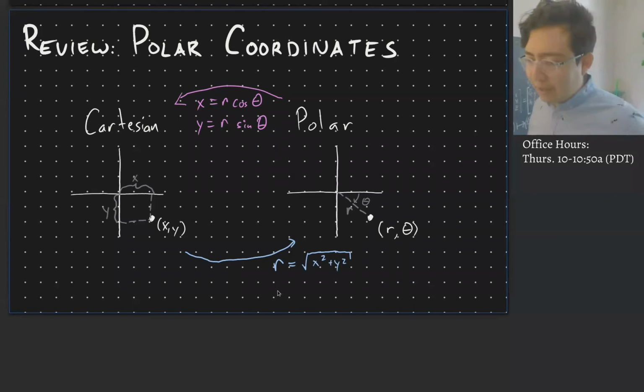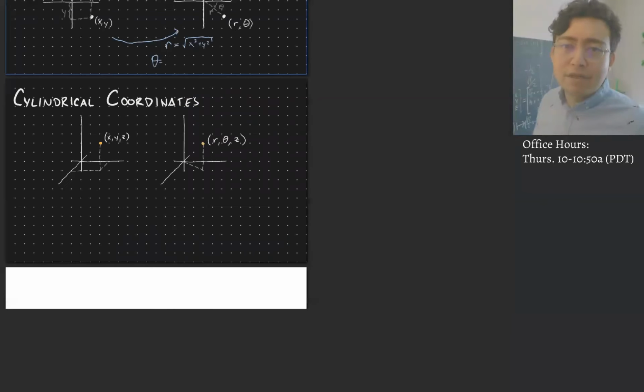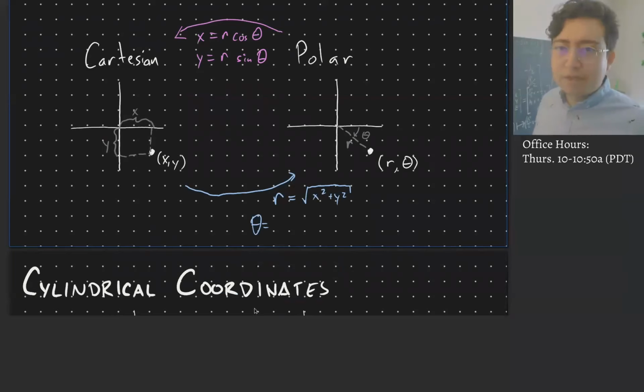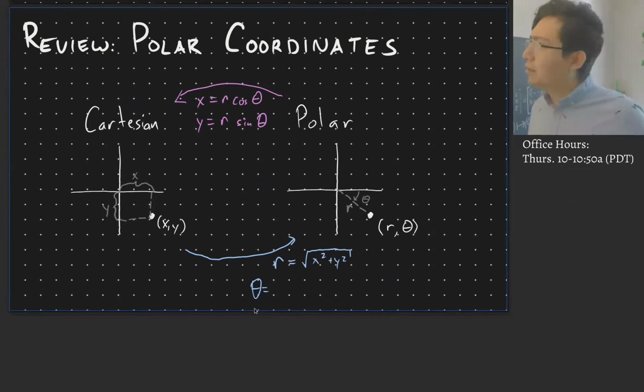The idea is basically that this has to do with the fact that inverse trig functions only have a certain range, right? We talked a little bit about this when we were talking about the angle using the dot product, that formula involving the dot product and cosine of theta.